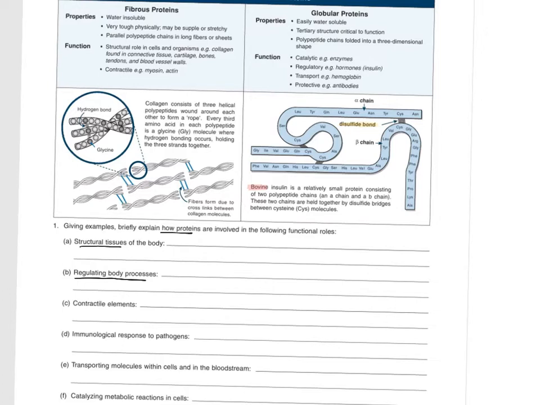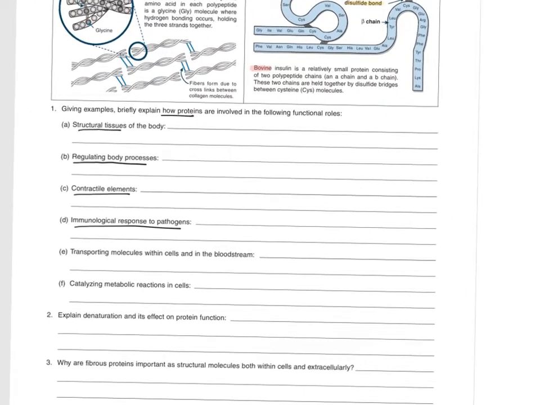Contractile elements: those are going to be things where you have muscles contract. Things like antibodies are involved. Transporting molecules within cells and bloodstream. That would be hemoglobin. Catalyzing metabolic reactions. That would be enzymes.